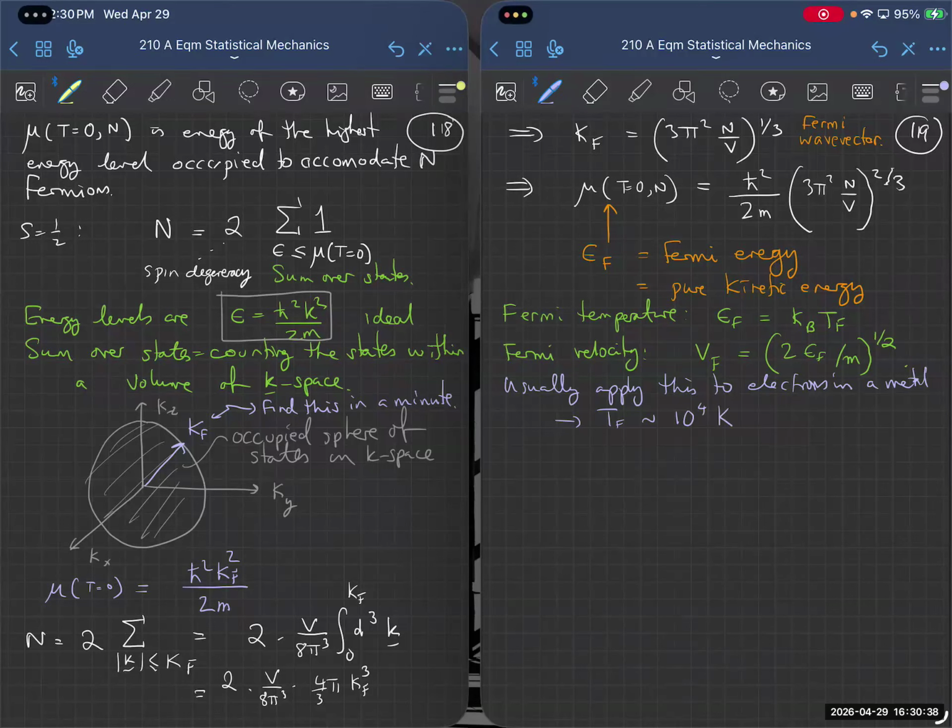And that's because N over V might be, I don't know, 10 to the 22 per cubic centimeter. So you get something like 10 to the 4. And then usually T over TF is much less than 1. So that means that the Fermi-Dirac distribution is slightly broader than a step function.